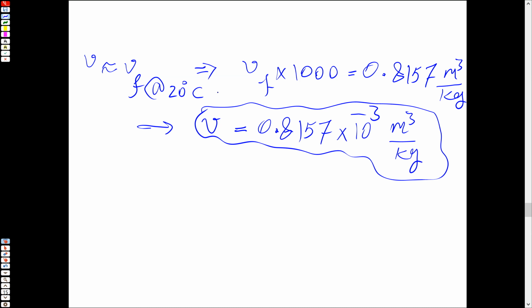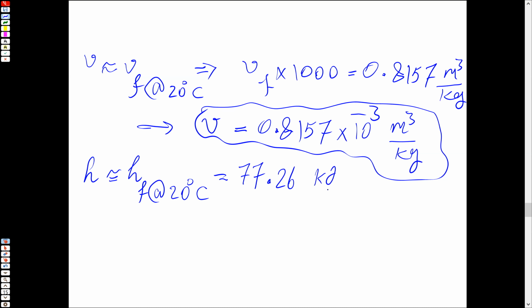All right, that is for V. Also for H, keep in mind that we have 2 estimates. The first estimate was this: H is about HF at the given temperature of 20 degrees Celsius. And you can see that HF from that table is 77.26 kilojoules per kilogram. This is the first estimate.